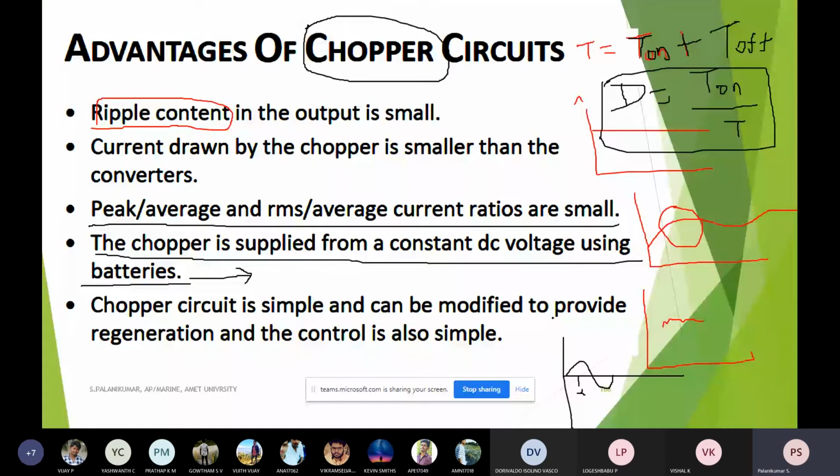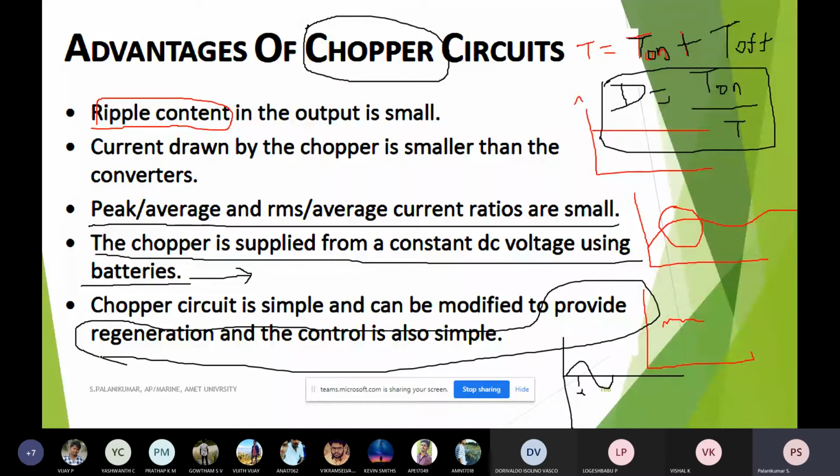It is simple and can be modified, and regeneration is also possible. If I'm using a class E chopper, we have already seen class A, B, C, D, E, that facilitates complete four quadrant operation of any electrical motor. If four quadrant operation is possible in an electrical motor, that means forward motoring, reverse motoring, forward braking and reverse braking are possible.